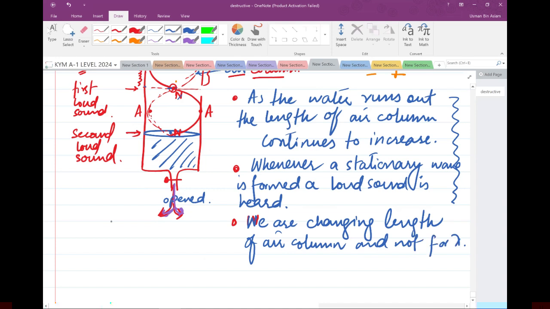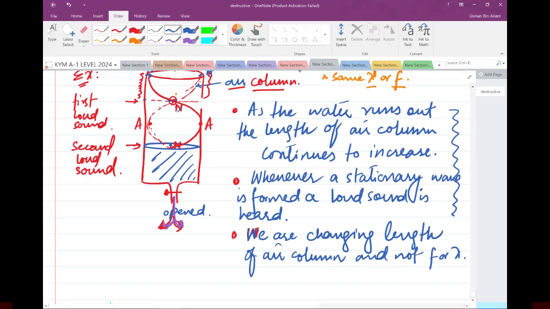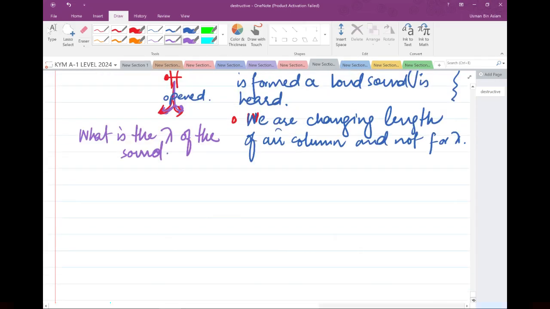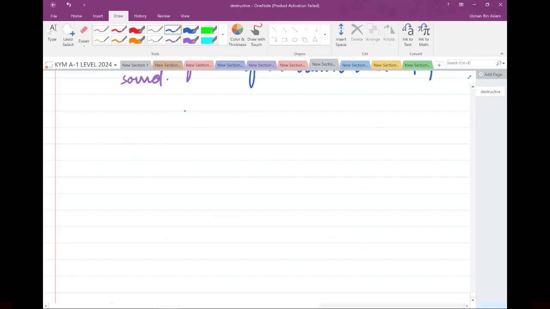Now, this is still not a part of the question. What do they ask you to solve in the question? They will simply ask you, what is the wavelength of the sound? So I'll show you how you'll be able to find out the wavelength of the sound in this case.